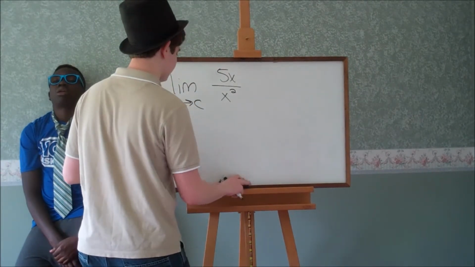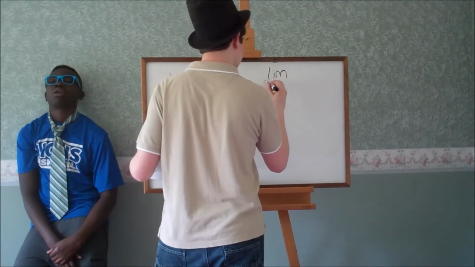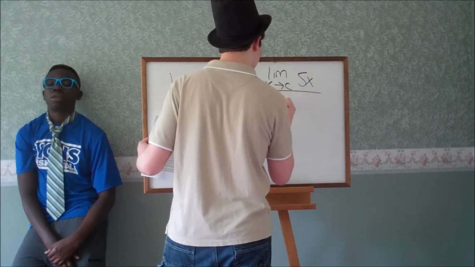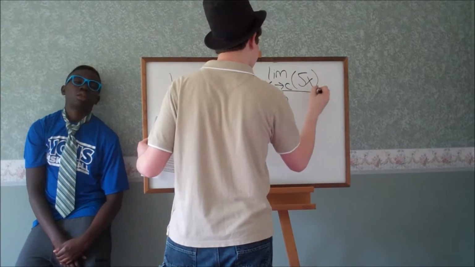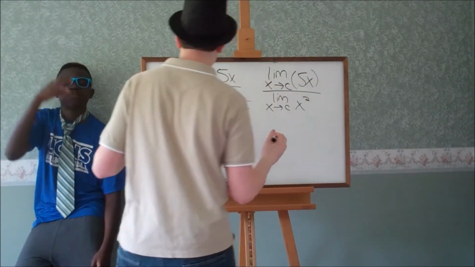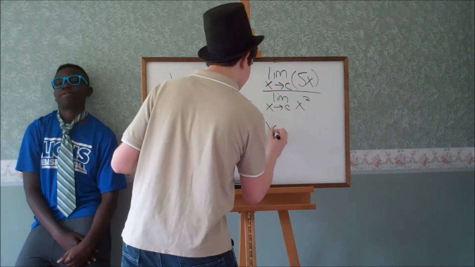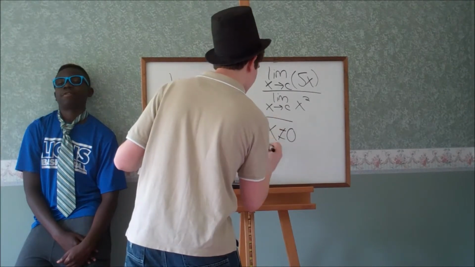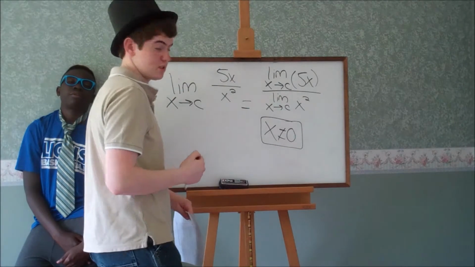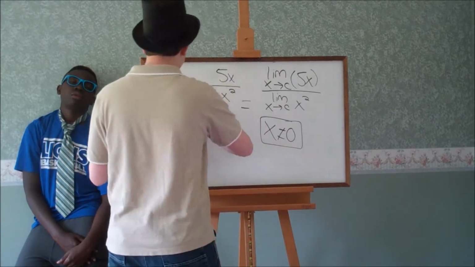You can have the limit as x approaches c of 5x divided by the limit as x approaches c of x squared. Now, one thing to notice with this is that you can't have x equal 0 because you have x squared on the denominator. If you plug in 0, you get 5 over 0, which is undefined.